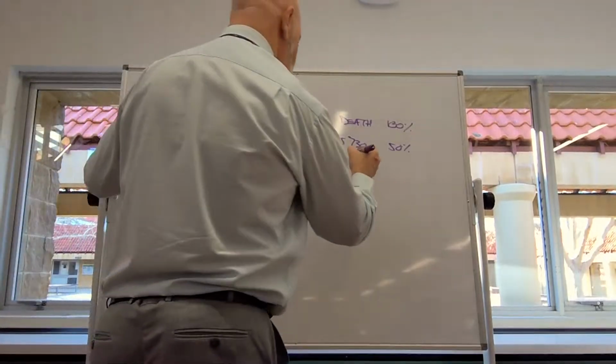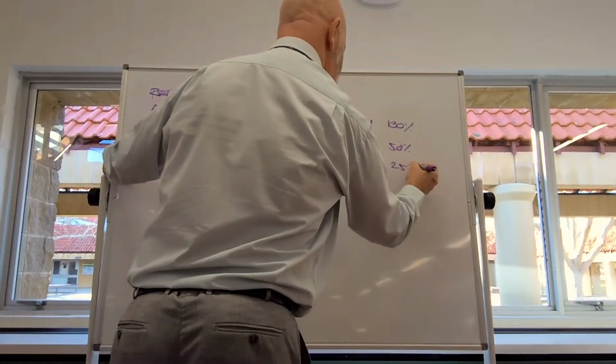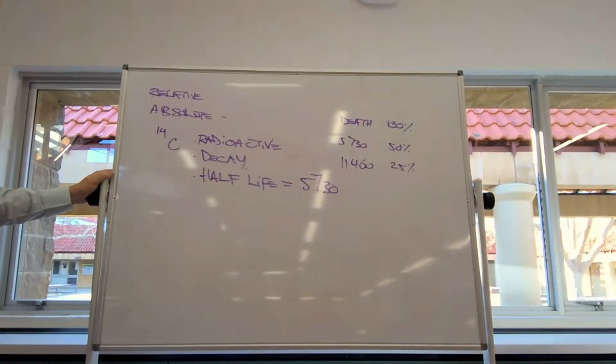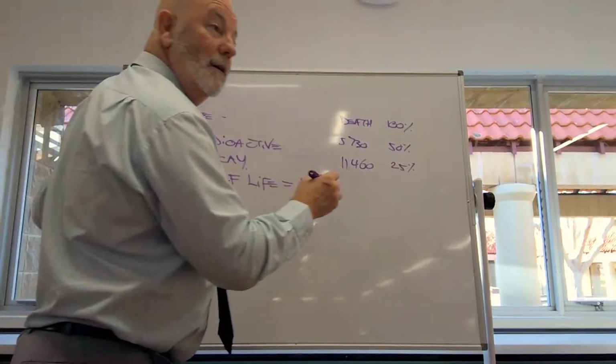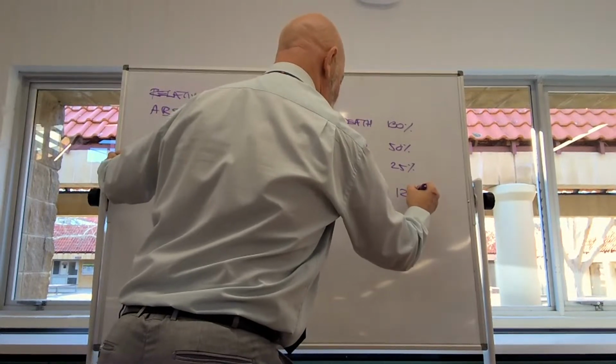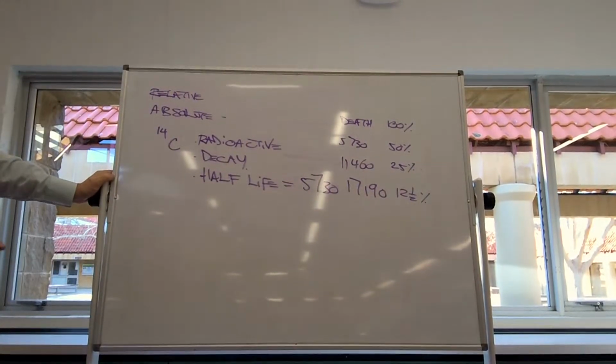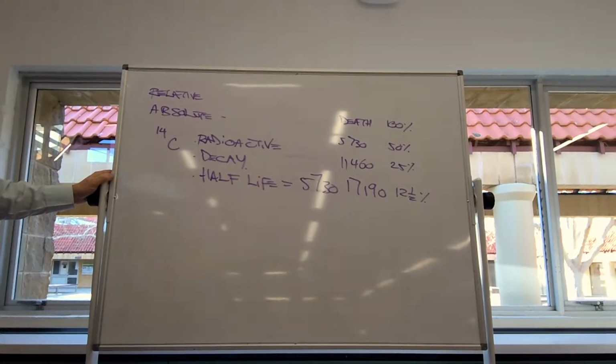After 11,460, you're going to have 25%. After 17,190, you're going to have 12.5%. It keeps going down by half. Will you ever reach zero? No. But we do get what's called a standard curve or a calibration curve.